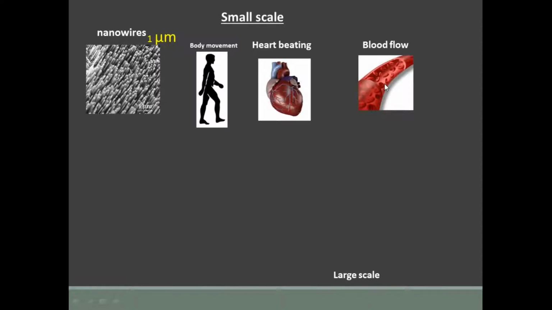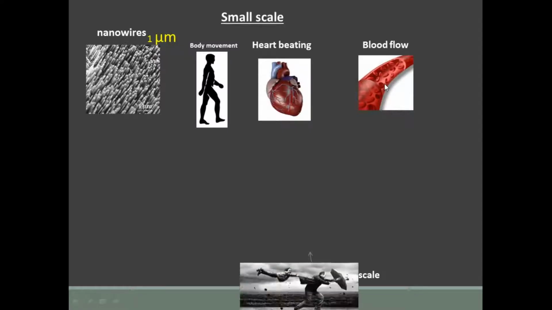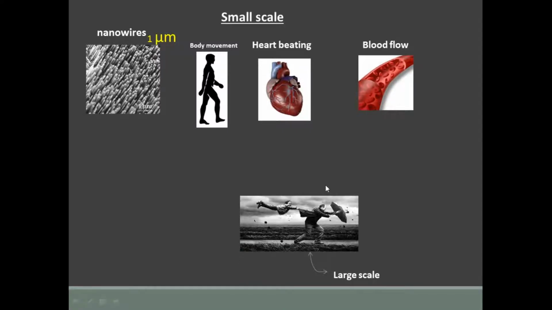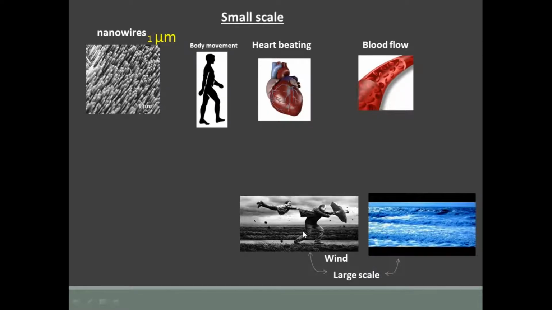When we talk about large scale energy sources, one is the wind. The second one is water waves. Water waves have a very large amount of energy which can be converted into electrical energy, and it is being converted nowadays.